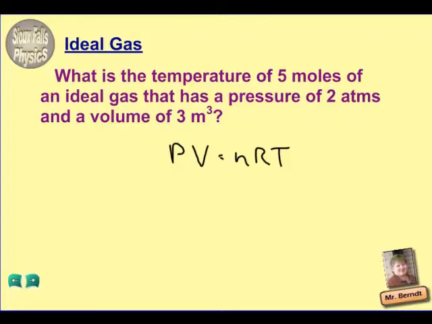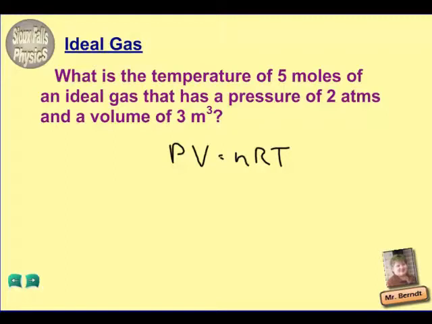Now, we know what the volume is. We know what the number of moles N are. We know what the pressure is, but there's a problem with our pressure. We either have to be in liters for volume and atmospheres, or we have to be in pascals and meters cubed. So let's convert 2 atmospheres to pascals.